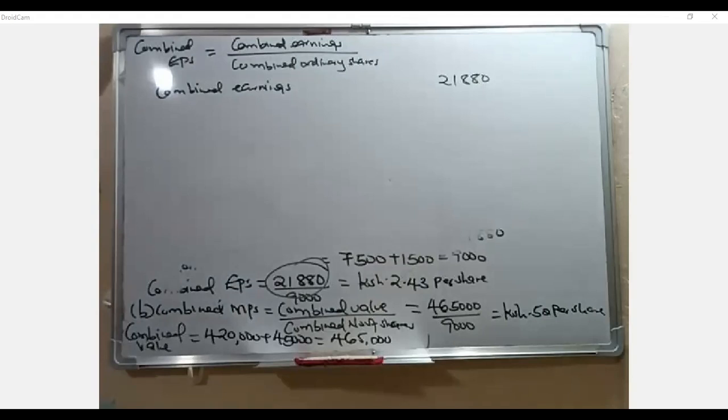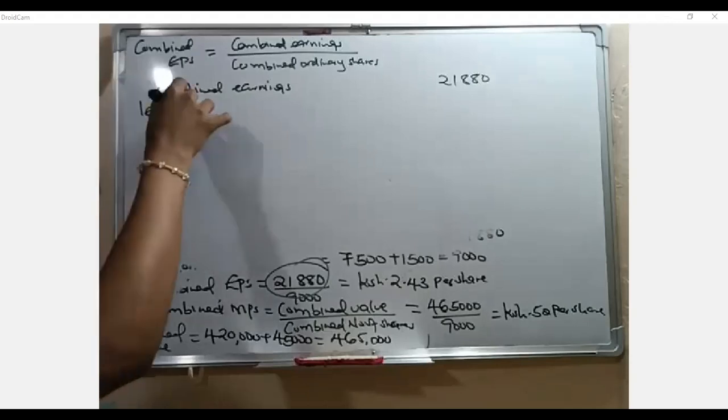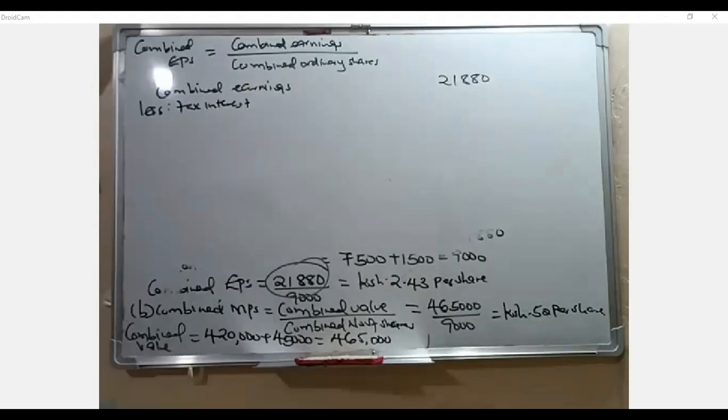Because there is a 5%, 100,000 convertible debenture, it is just like subtracting the interest on a loan.